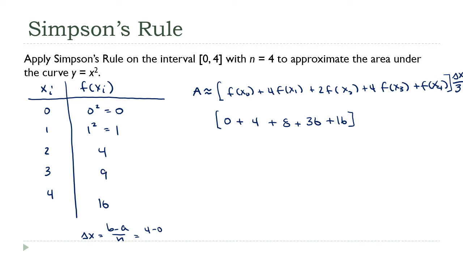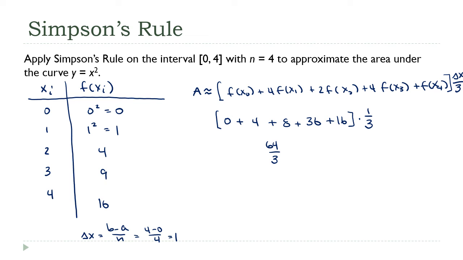That's 4 minus 0 over 4, which is 1. So it's just times what? I always forget that 1/3. Times 1 divided by 3. And what do we get here? 12, 48, 58, 64. This is 64 divided by 3.